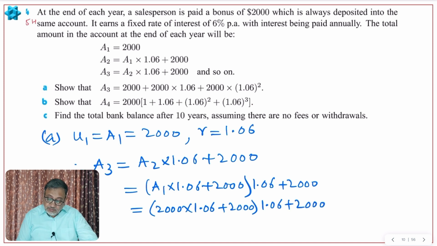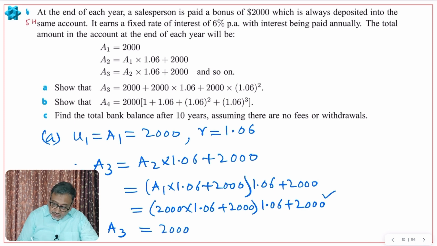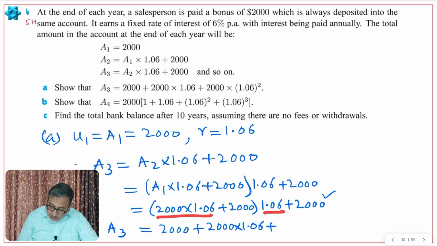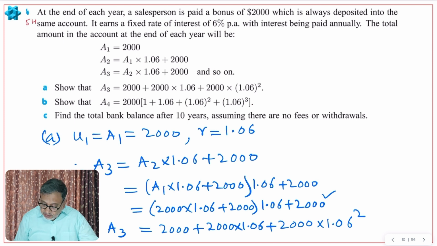If you simplify them all, A3 will be the same as what they gave us. First term 2000. Second term, we multiply this by this, so it will be 2000 into 1.06. Third term, this all multiplied by this, so there will be the square of 1.06, so plus 2000 into 1.06 square. So we got what they asked us.